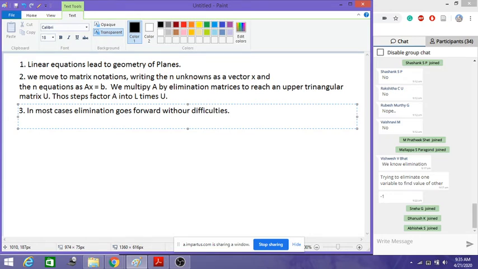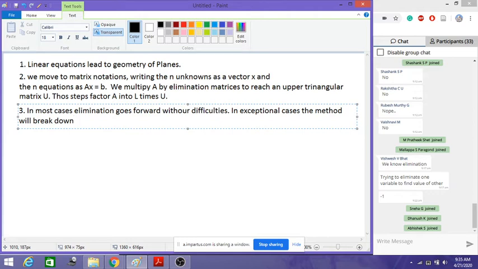But in exceptional cases, the method will break down. Either the equations were taken in the wrong order, which is easily fixed by exchanging them, or the equations do not have a unique solution.